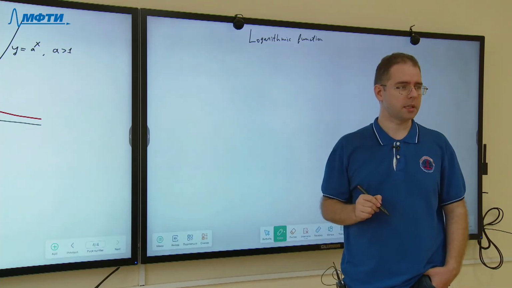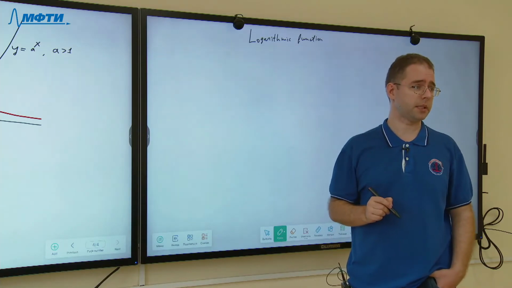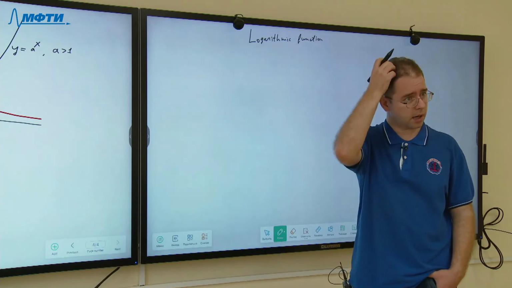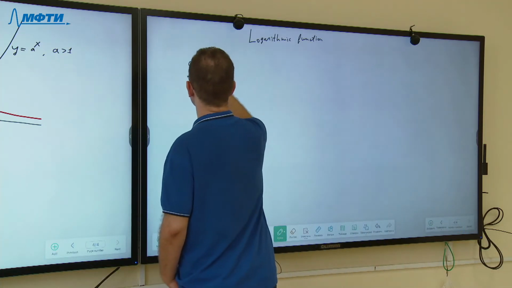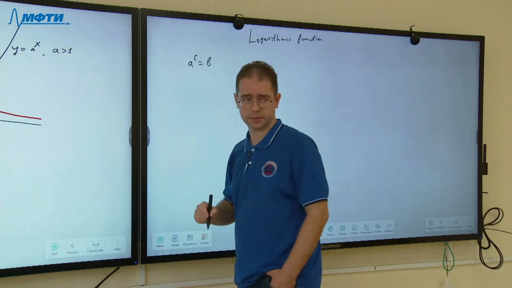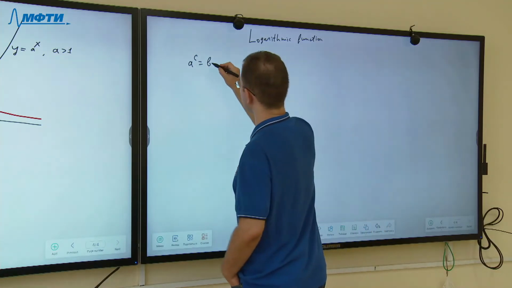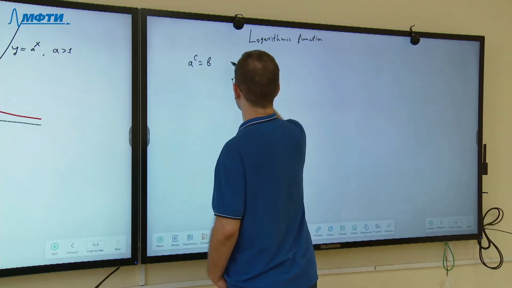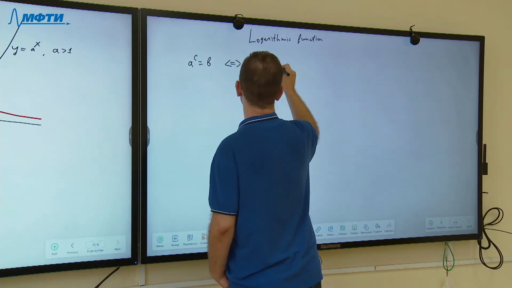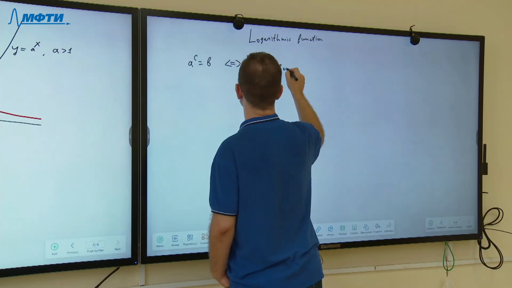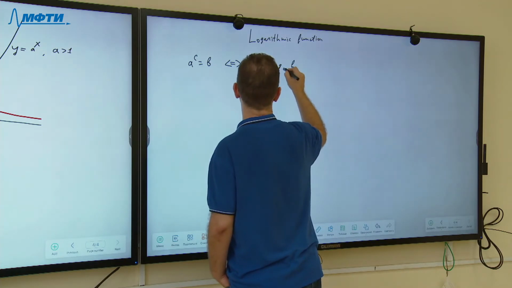So, suppose numbers a, b, and c are such that a power c equals b. Then we will say that c is the logarithm base a of b.